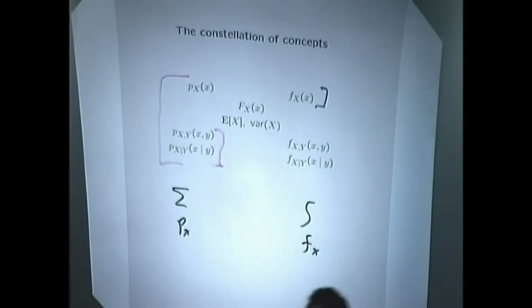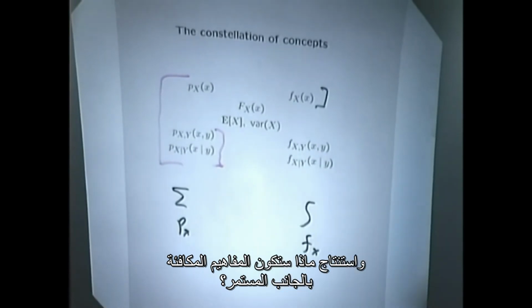So on that side you have integrals. In this case you have sums. In this case, you always have F's in your formulas. In this case, you always have P's in your formulas. So what's left for us to do is to look at these two concepts, joint probability mass functions and conditional mass functions, and figure out what would be the equivalent concepts on the continuous side.